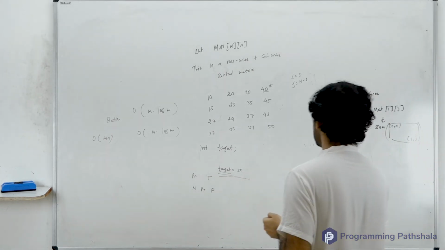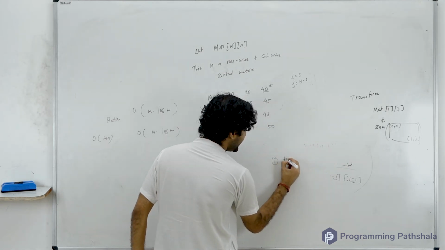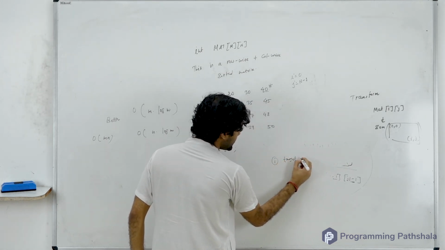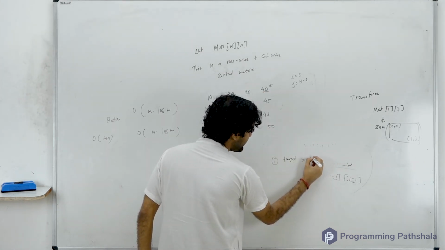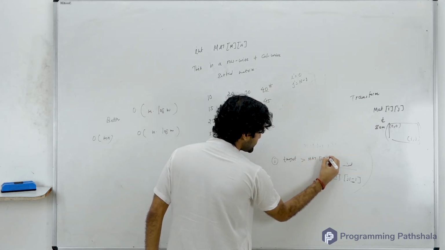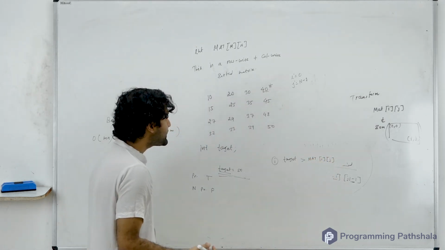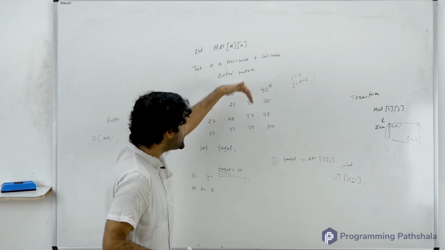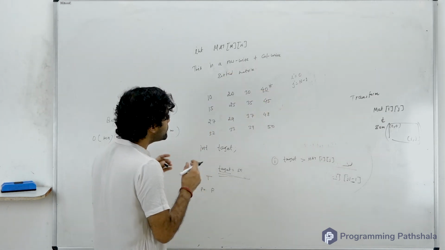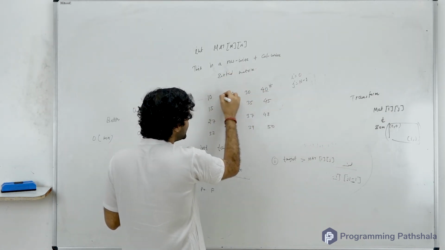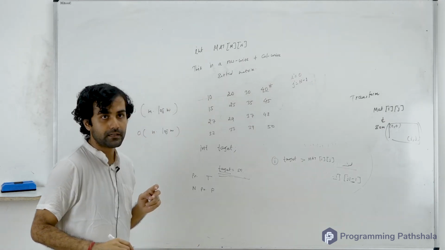So what is the first case? If I see that my target is greater than wherever I am, so I am at i comma j, then I should move down. Moving down means that whenever you move down, you scrap this entire row, correct?